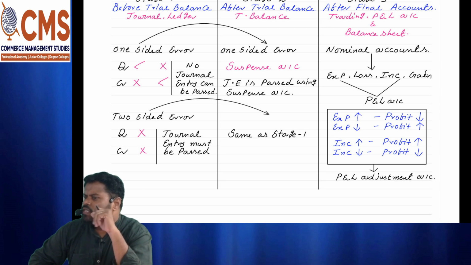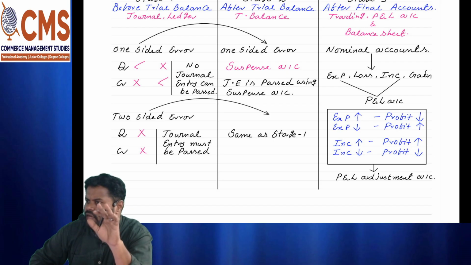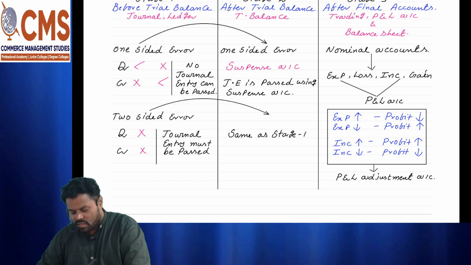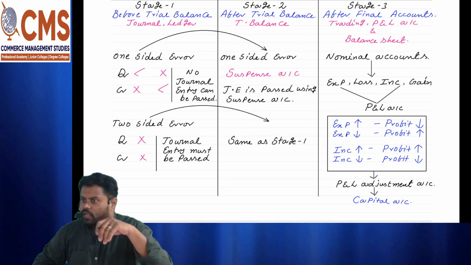And profit goes, profit will be taken and added to what? So technically what is getting affected is your capital gets affected. So where do I end this P&L adjustment account finally is I will close it in my capital account. All of you are okay with it? Do you get the clarity?